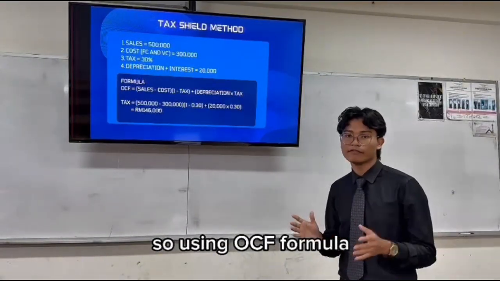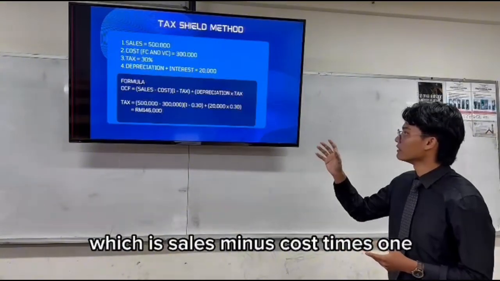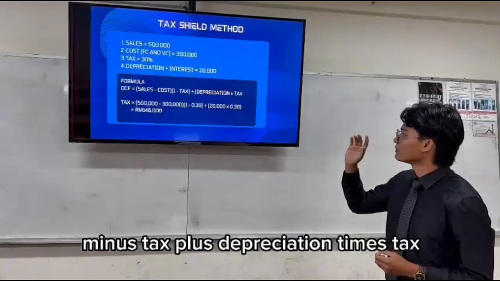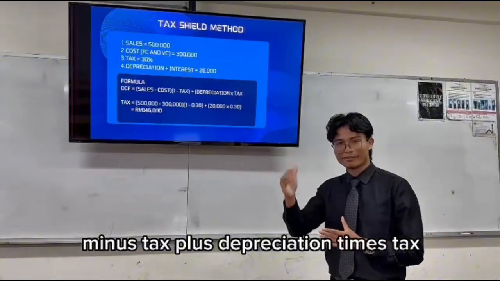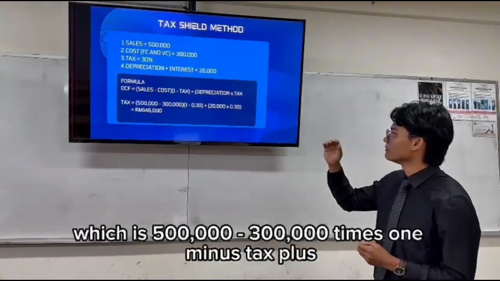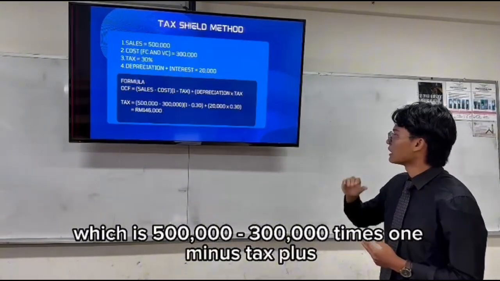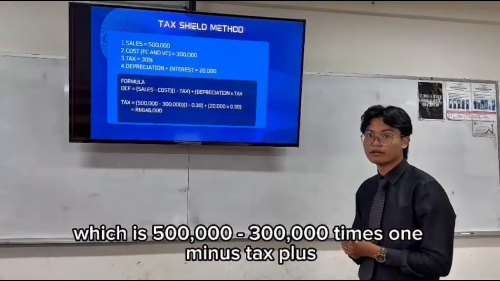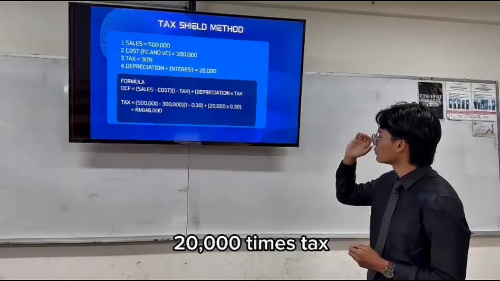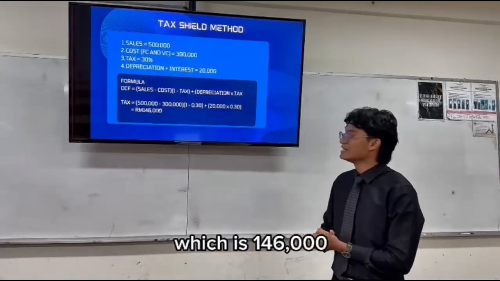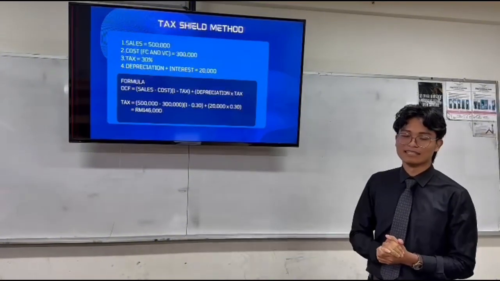So, using the OCF formula, which is sales minus cost times 1 minus tax, plus depreciation times tax. And we use it, which is 500,000 minus 300,000 times 1 minus tax, plus 20,000 times tax, which is 146,000.